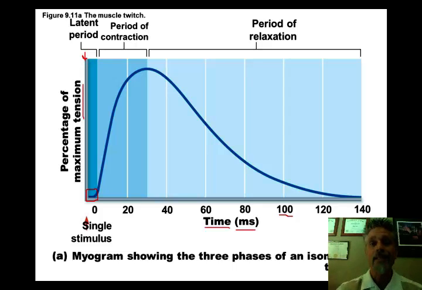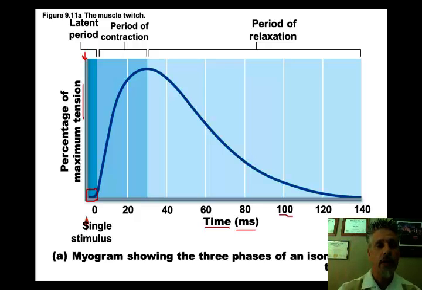That takes time. It takes time for me to just say it, right? It's not a lot of time, but on the order of a handful of milliseconds, it takes a while for the myofibrils and those different proteins to get the signal that it's time to contract. So that's called the latent period. We've initiated the contraction, but we're not seeing a response yet.